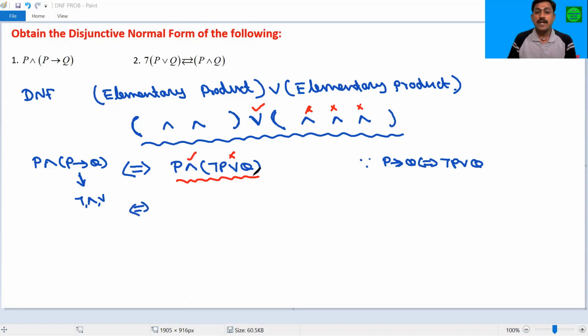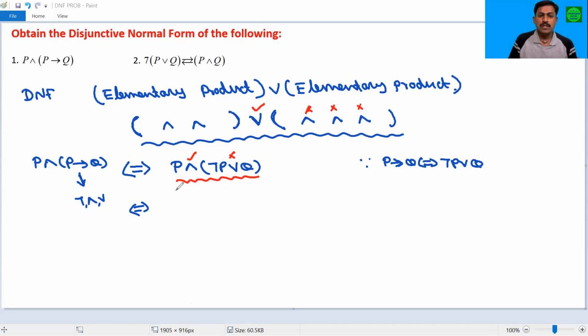Second step, if necessary, apply De Morgan's law. Here, there is no need of applying De Morgan's law. So straight away, we will go for the third step. Third step is repeated application of distributive law.